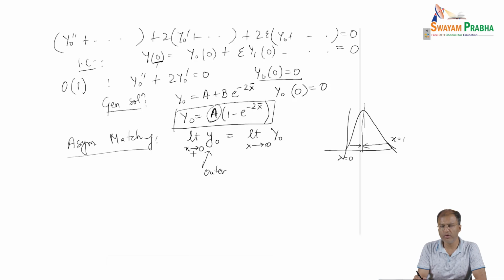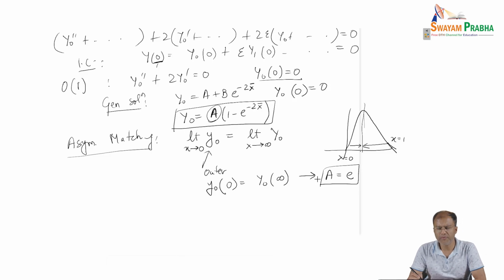So basically the outer solution is taken to the left, the inner solution to the right. So we match y0 at 0 to Y0 at infinity, and from here we get that a is equal to e. So we have found our constant a.